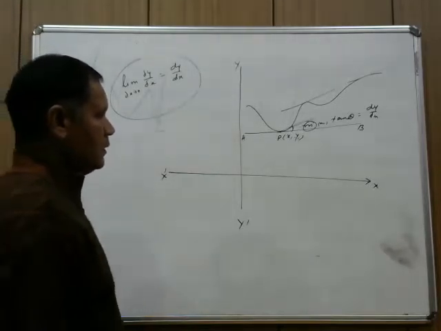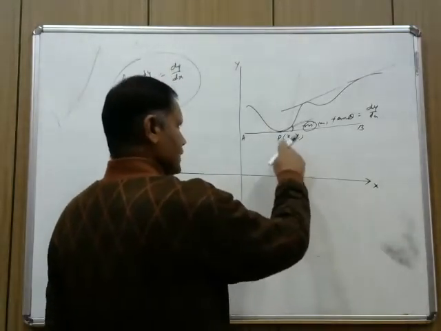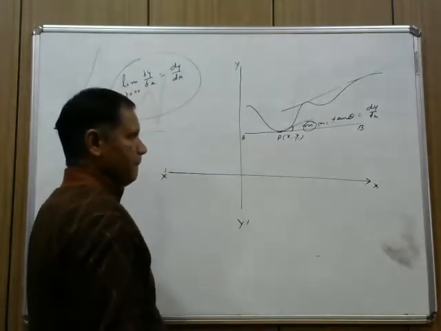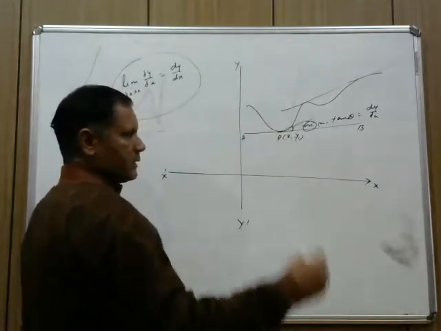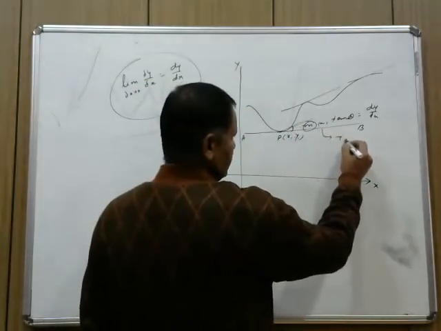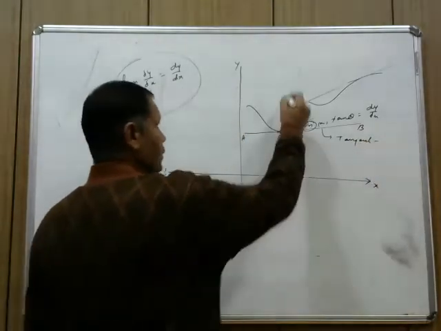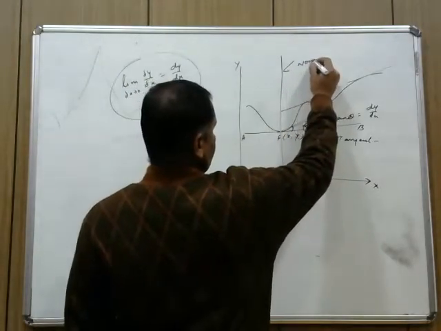So AB is the tangent at the point P, and the line which is perpendicular to the tangent is called normal.